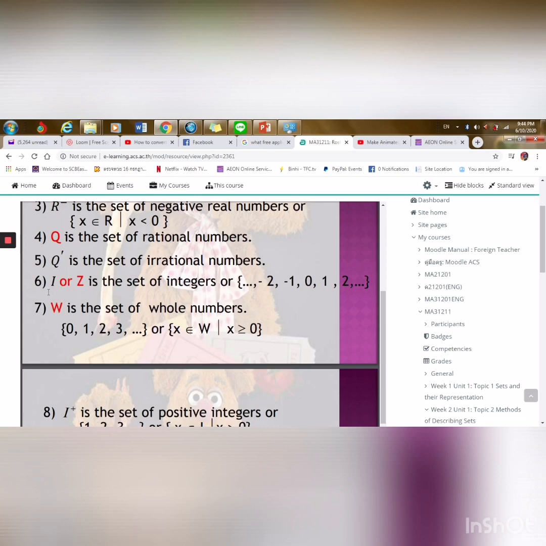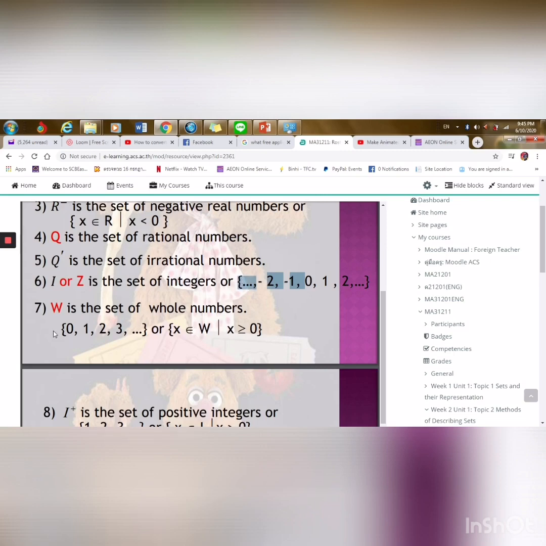So for number 6, what we have here is I or letter Z. It means integers, and integers have 3 types. These are 0, positive numbers, so these are 1, 2, 3 to positive infinity, and -1, -2, -3 to negative infinity.